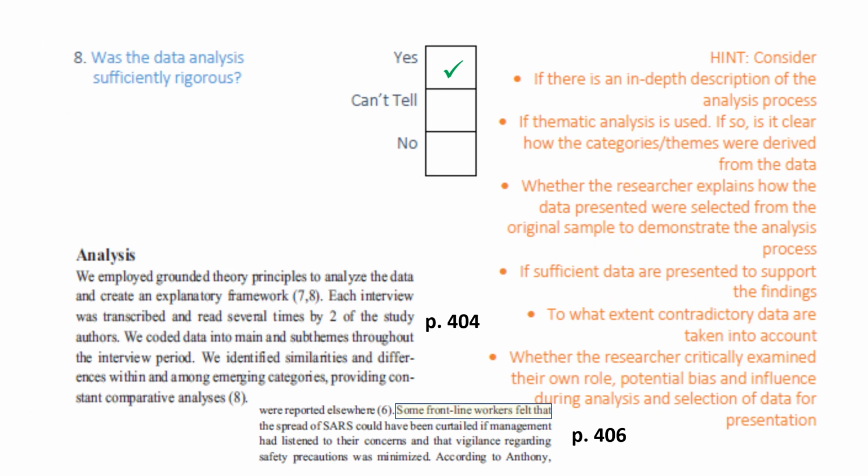And the 8th question parallels the data collection question. It's a data analysis question. The Cochrane collaboration defines qualitative research as having recognizable methods of data collection using qualitative methods and recognized methods of data analysis using qualitative methods.